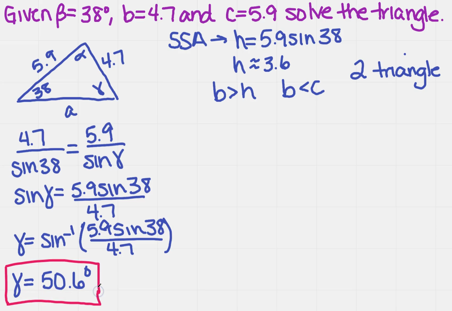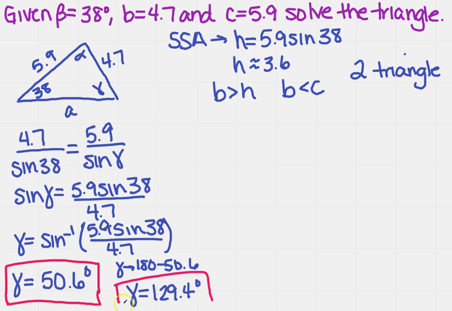So what is another possibility that gamma could be? Well, I know that in a triangle I can only have 180 degrees, so my other possibility for gamma would be to take 180 minus what I just obtained, which is 50.6, and so gamma could also be 129.4 degrees.